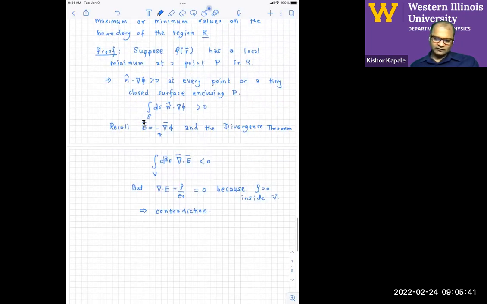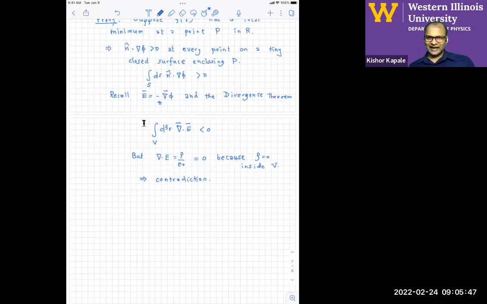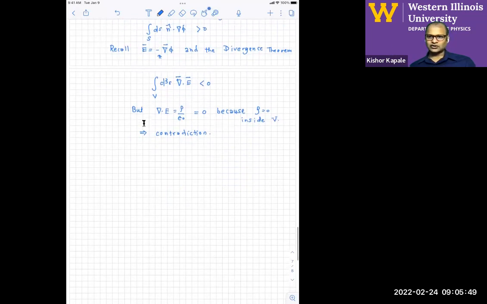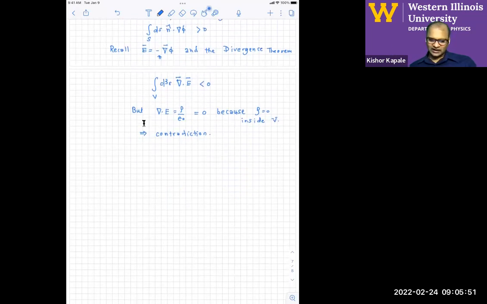We started with having a minimum inside that volume, and we showed that that leads to the volume integral of divergence of E being negative, whereas it should actually be 0 because there are no charges there.